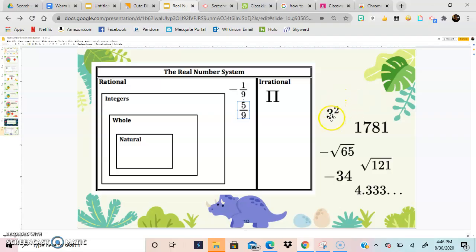3 squared. 3 squared converts into 9, which is rational, it is an integer, it is a whole number, and it's also a natural number. I always try to push my numbers in as far as possible. 1,781. It is rational, it is an integer, it is a whole number, it is also a natural number.